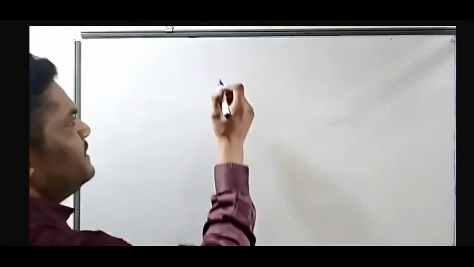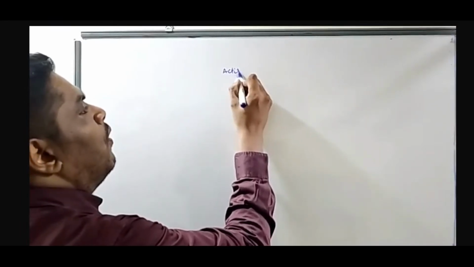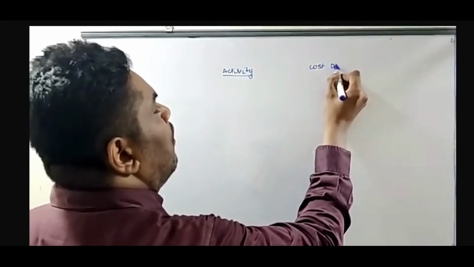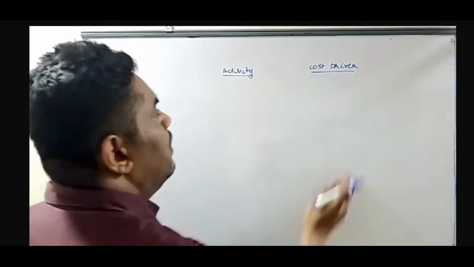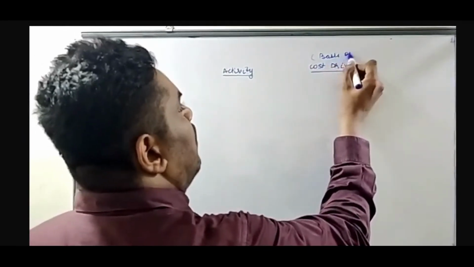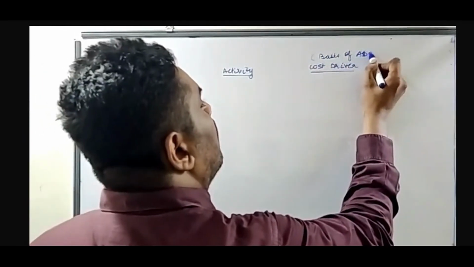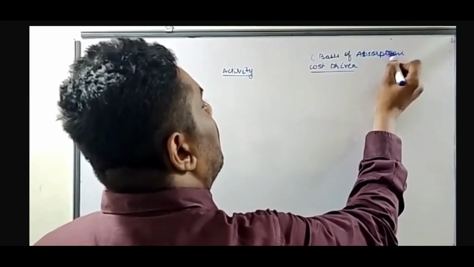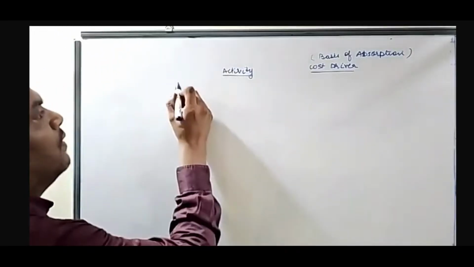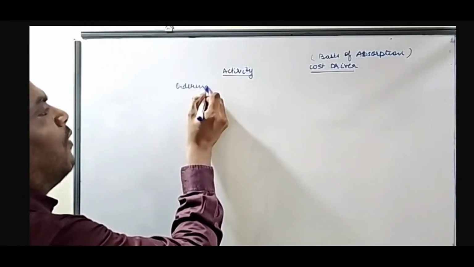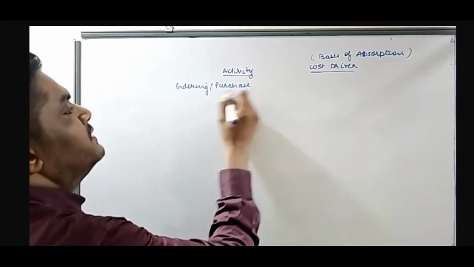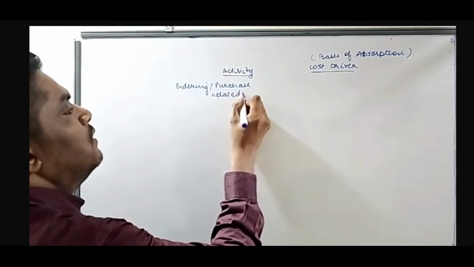So just giving you a few examples. We can say the basis of absorption. So let's say ordering cost or purchase related cost.